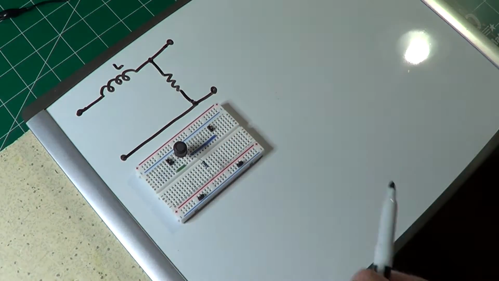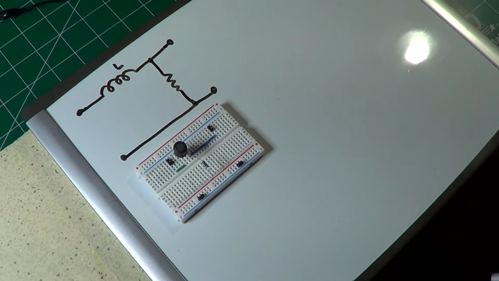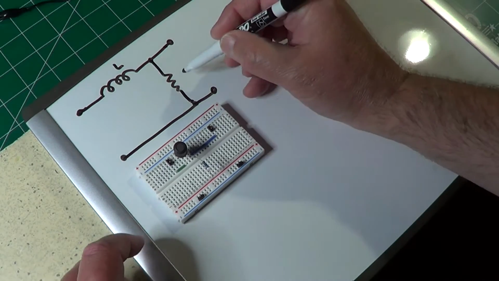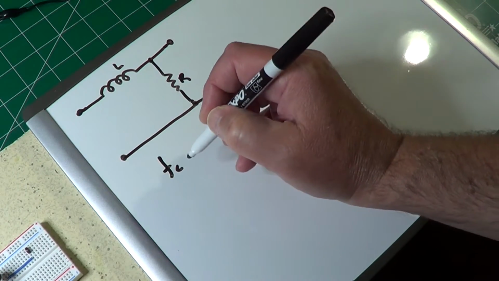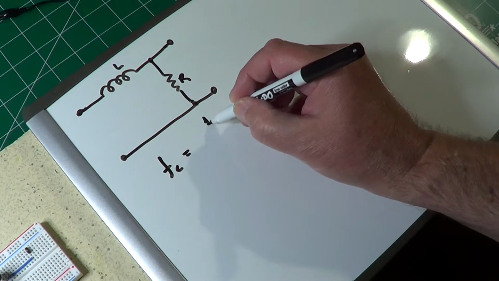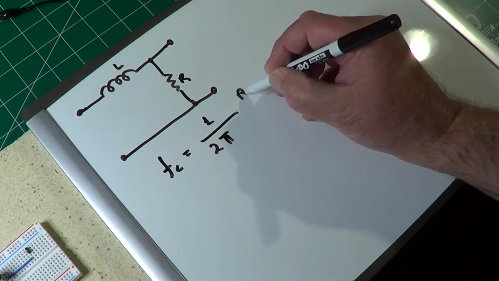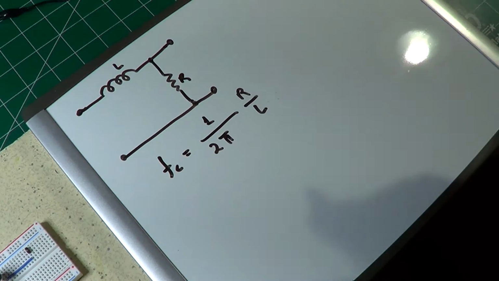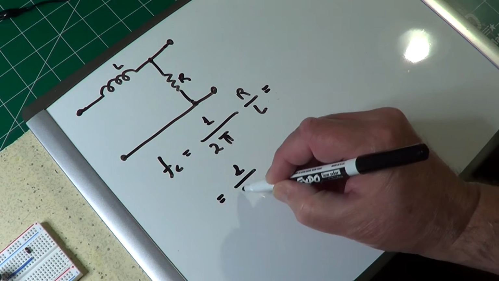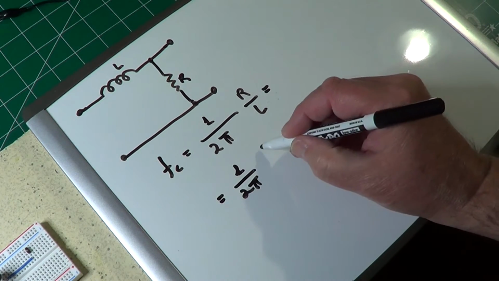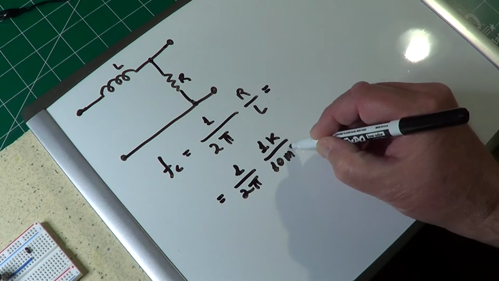So you can see the perfect alignment of the components in exactly the same way. Now, as we have already learned, the cutoff frequency of this device is given by 1 over 2 pi R over L. In our case we have 1 over 2 pi, R is 1 kilo ohm and L is 10 millihenry.